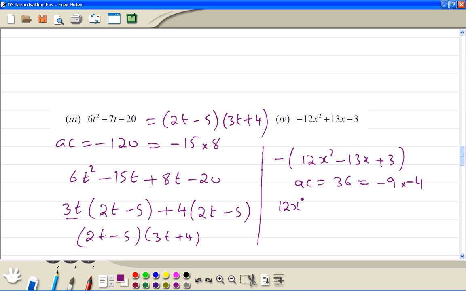So we have 12x squared, split that into two parts, 9x minus 4x plus 3. So 3x is a common factor, so we have 4x minus 3. Here minus 1 is a common factor, so write 4x minus 3 in the bracket.